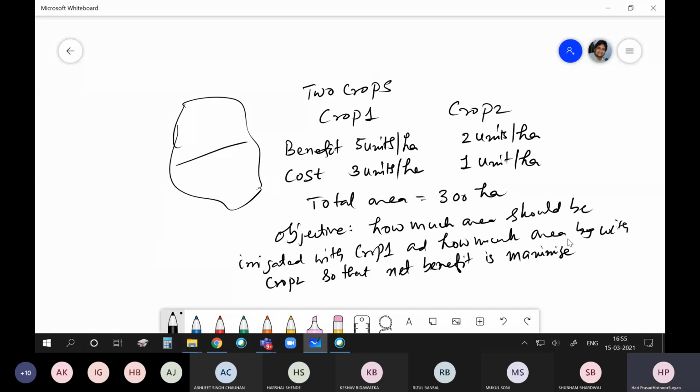Net benefit means benefit minus cost. So how can we pose this as a linear programming problem?